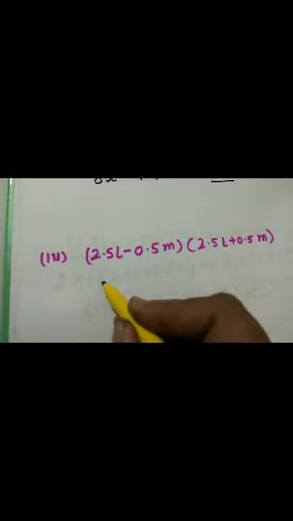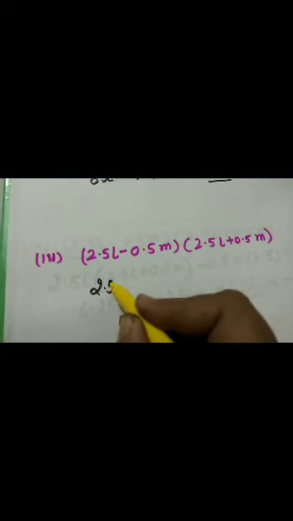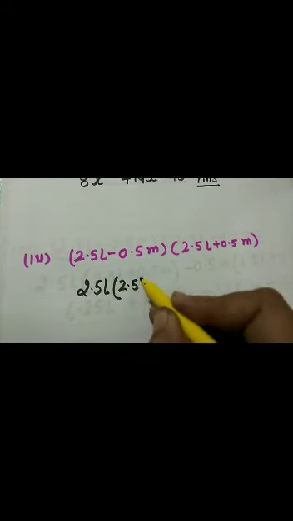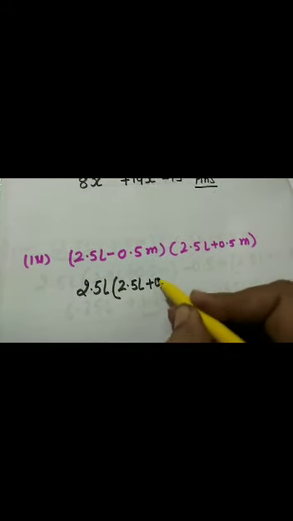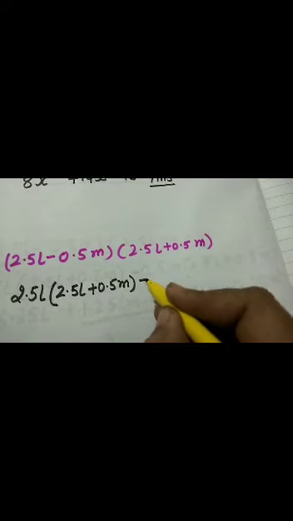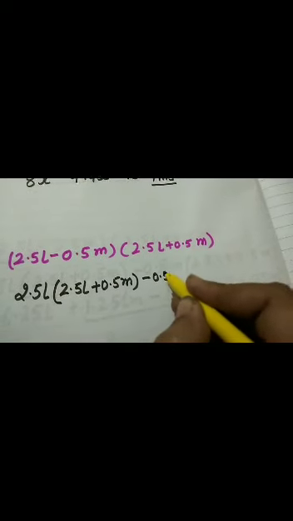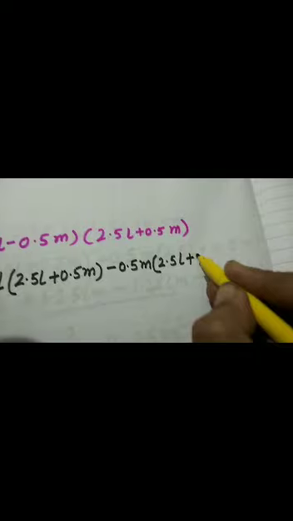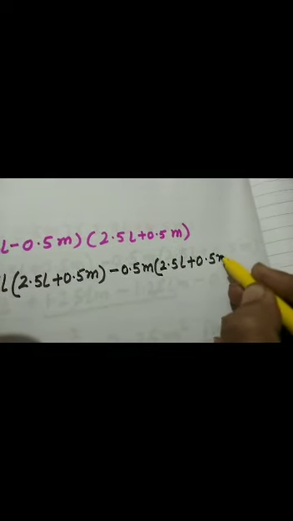So first term we have 2.5L, we'll multiply with the second binomial 2.5L plus 0.5M. Now second we have minus 0.5M. This will be multiplied with 2.5L plus 0.5M.